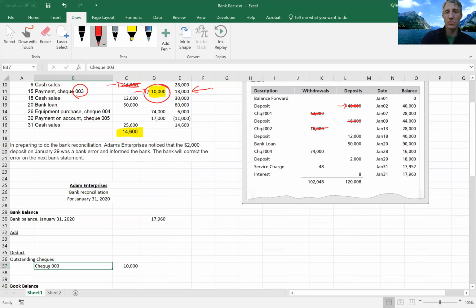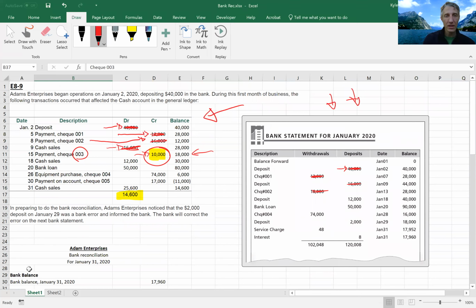I'm going to move forward with this template now, clean up some of it a little bit. On the 18th, there was cash sales of 12,000. So it was a debit to cash, which means if it's been deposited to the bank, it would be a debit or a deposit to the bank. I can see on the 18th, there was a 12,000 deposit.